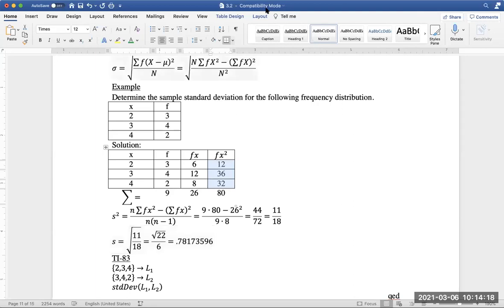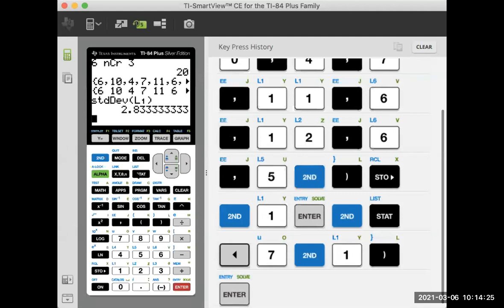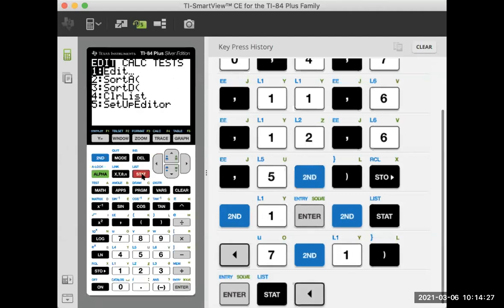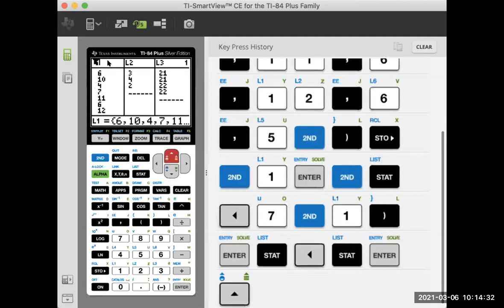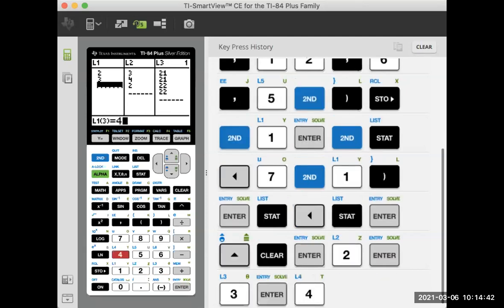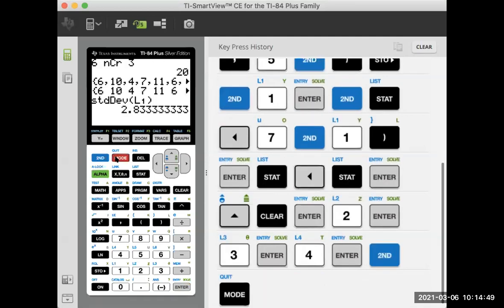So let's suppose we have the following: 2, 3, 4, and 3, 4, 2. Good. Let's find the standard deviation on the calculator.